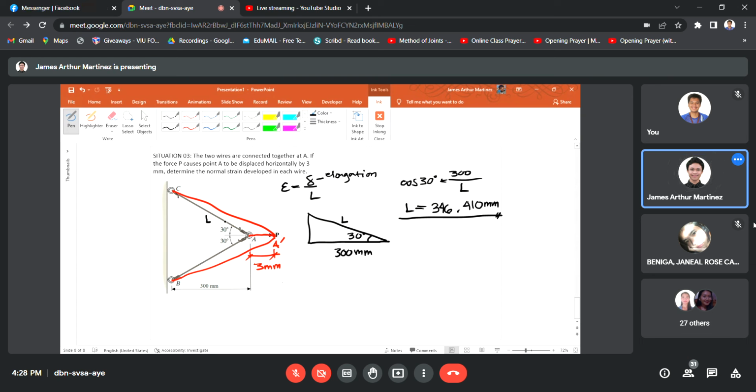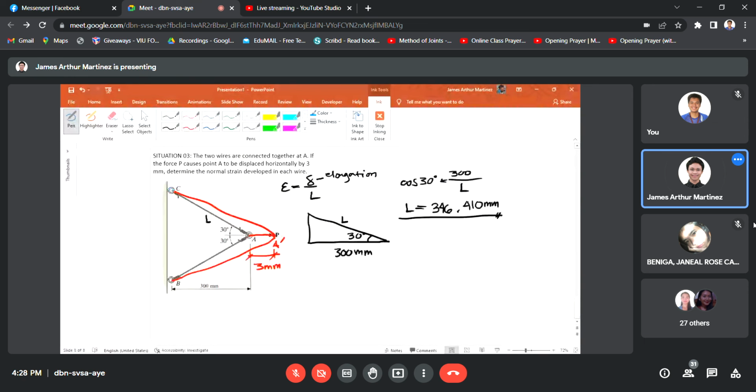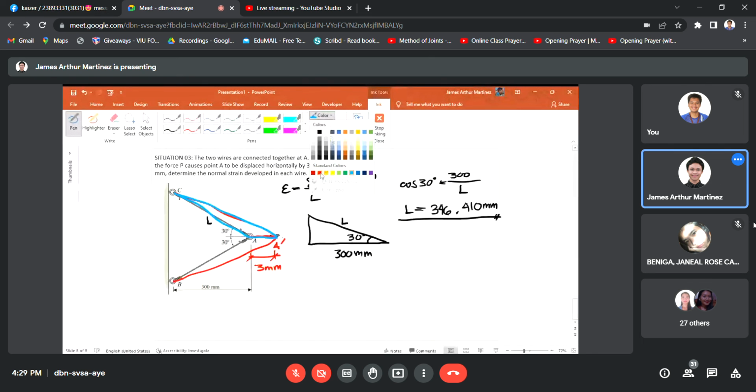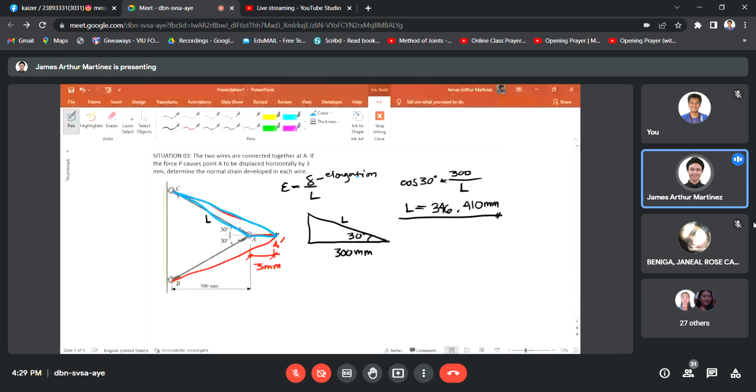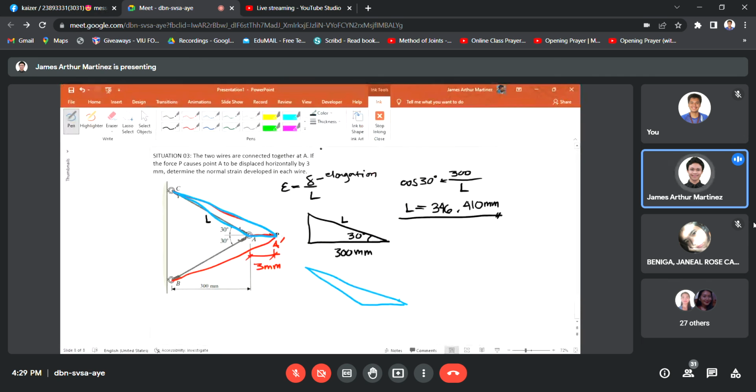Let us color it blue. This is not a right triangle, since there is no right angle. Meaning, SOHCAHTOA cannot be applied, because SOHCAHTOA is just for right triangles.